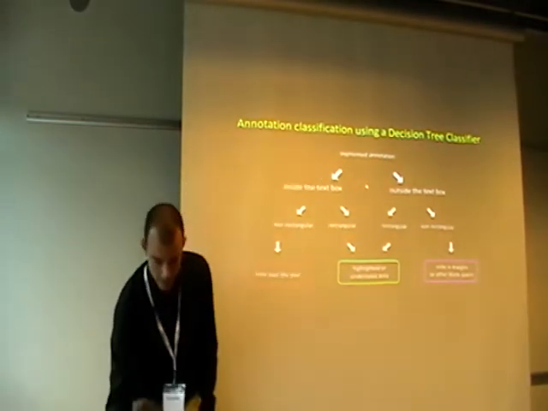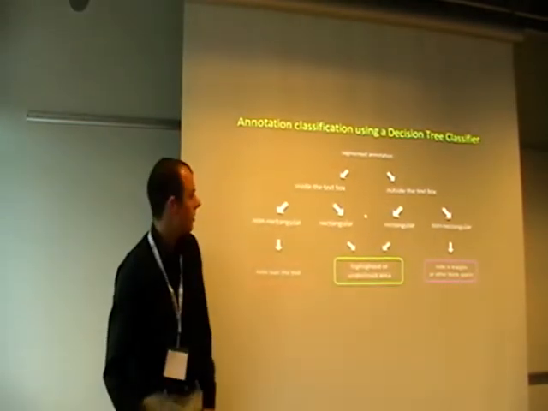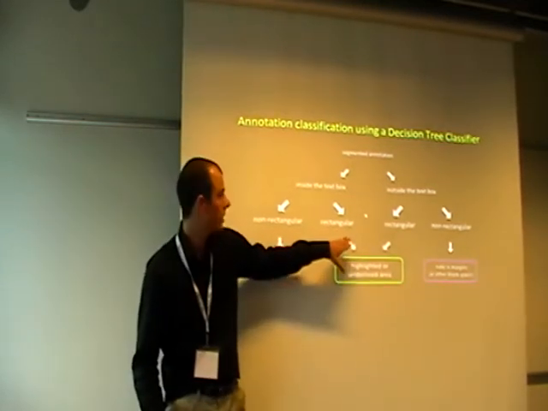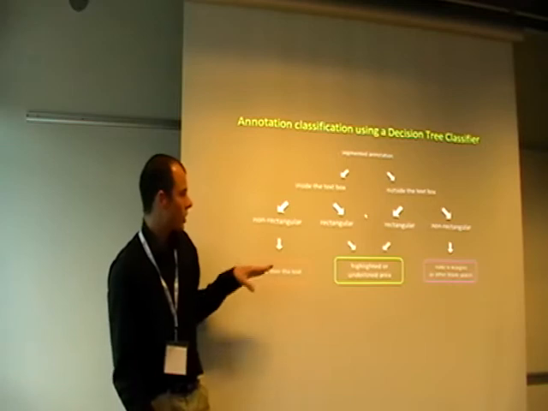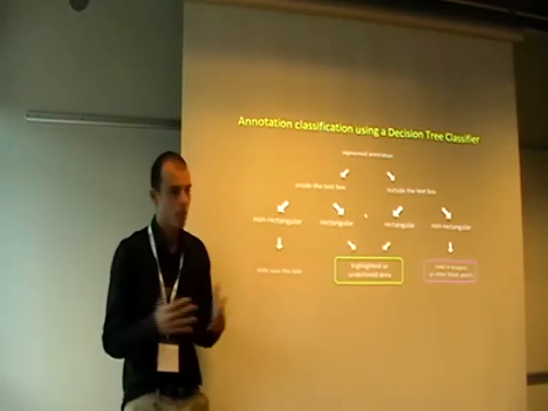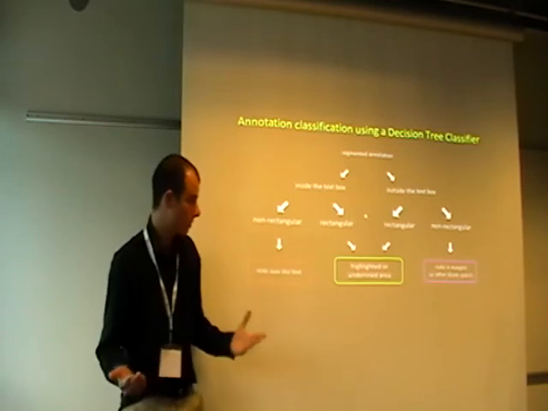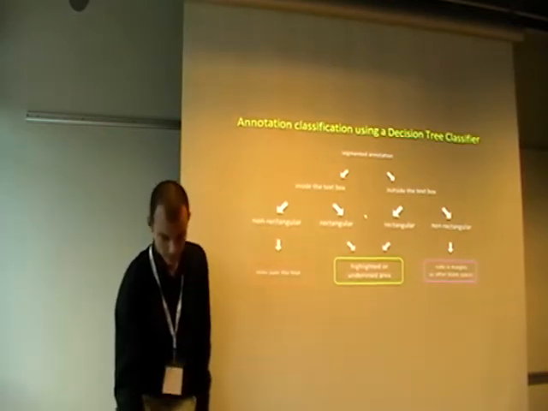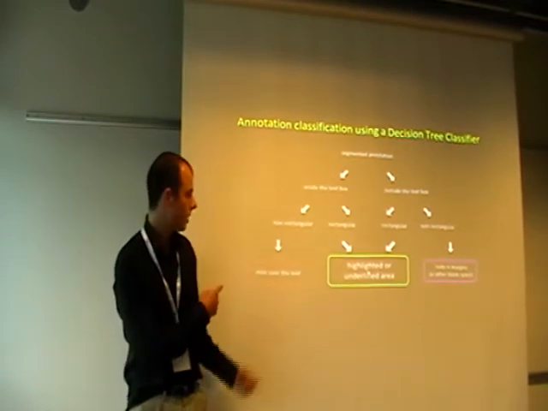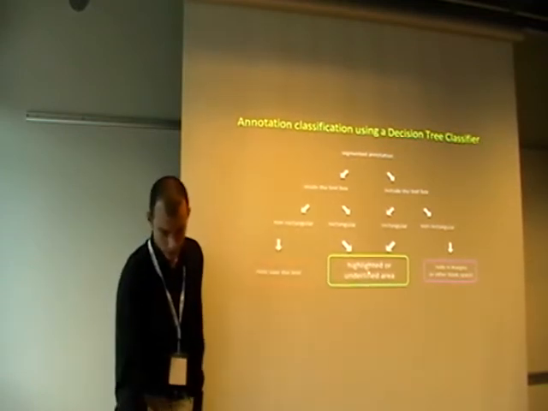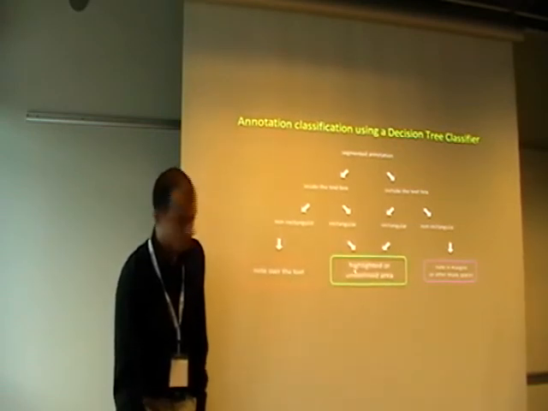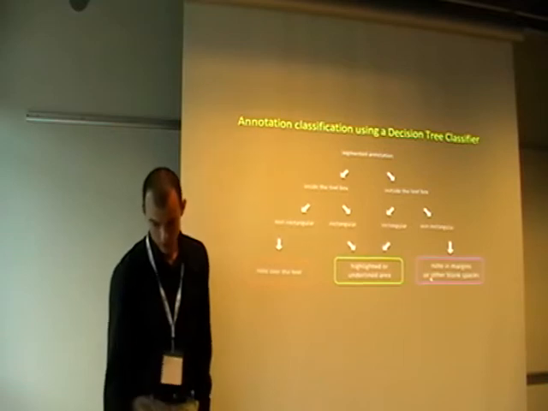Then we proceed with the next step of the decision tree classifier, so that according to a measure of rectangularity, we separate annotations into more compact regions and more arbitrary regions. And the three classes that we have, which are a sort of regrouping of the classes we've seen before from Catherine Marshall, are notes over the text, highlighted area in general, and notes in the margin.